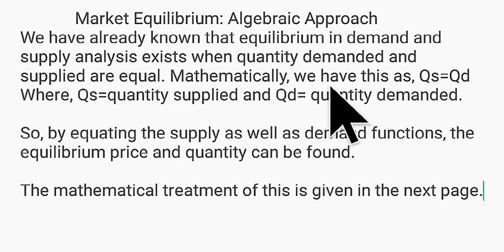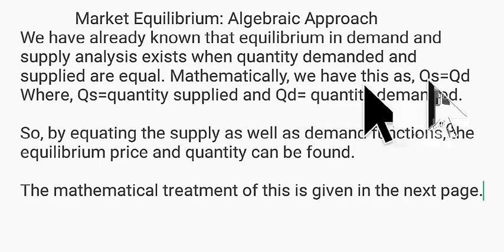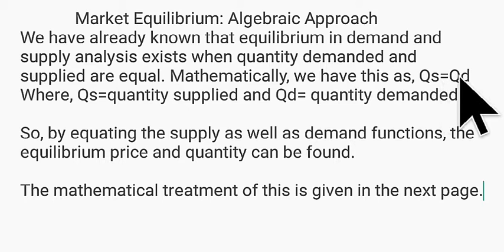Mathematically, we have this as Q sub S equals Q sub D, where Q sub S implies quantity supplied and Q sub D implies quantity demanded. So, by equating the supply as well as demand functions, the equilibrium price and the quantity can be found. The mathematical treatment of this is given in the next page.